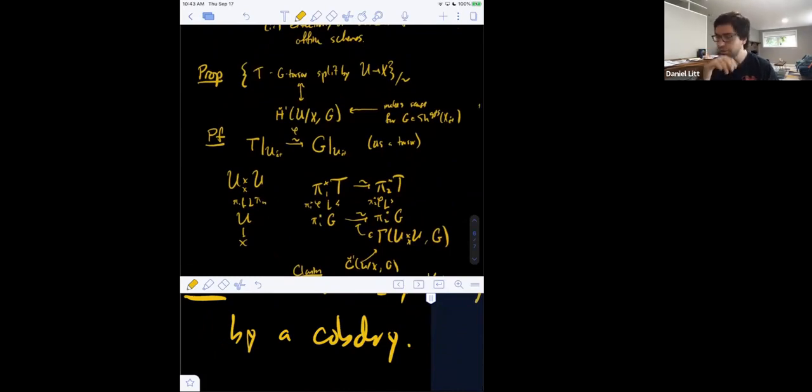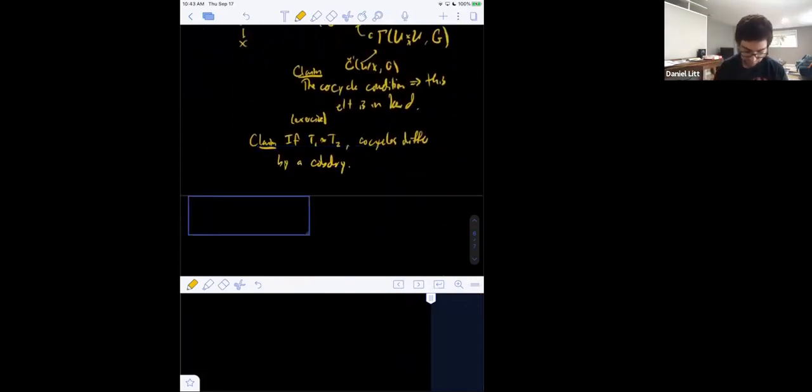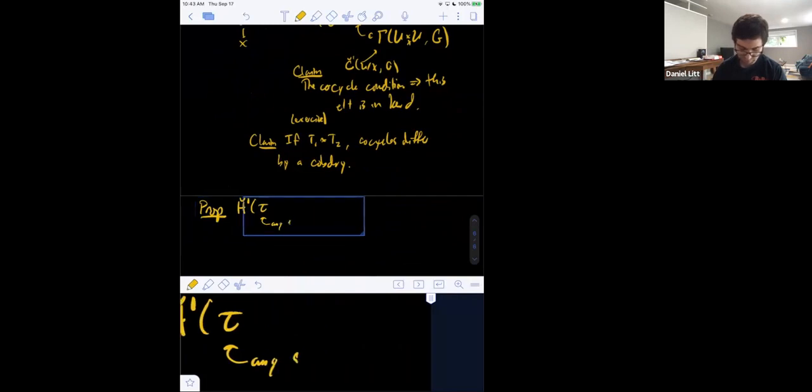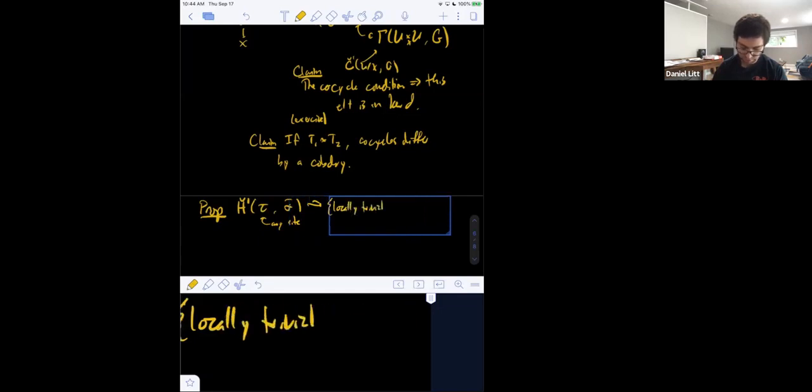So with this, we get a pretty amazing theorem. Just so I can state it in maximum generality, I'm going to tell you a proposition. The proposition is that Čech H1, well, this is actually true with coefficients in any sheaf on any site, is isomorphic to locally trivial F torsors.